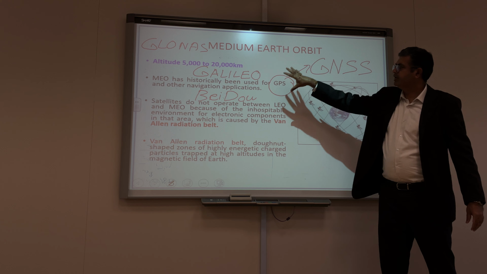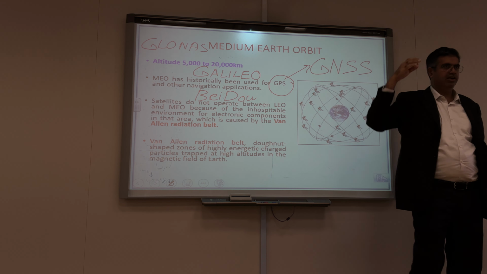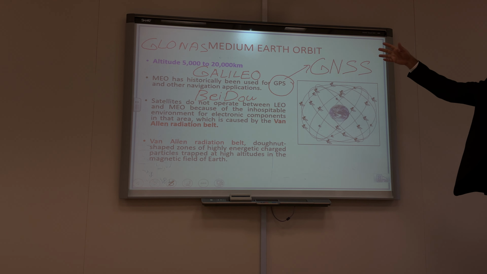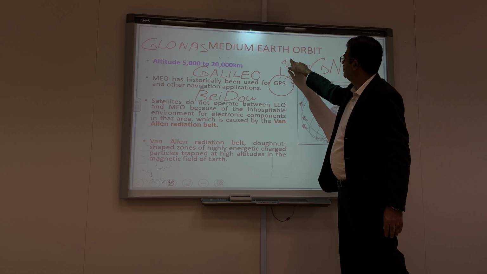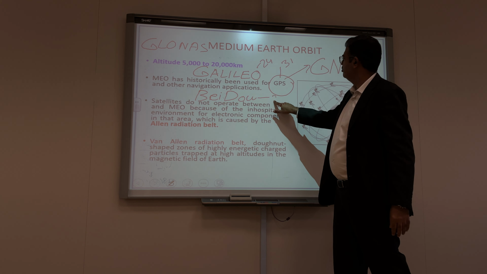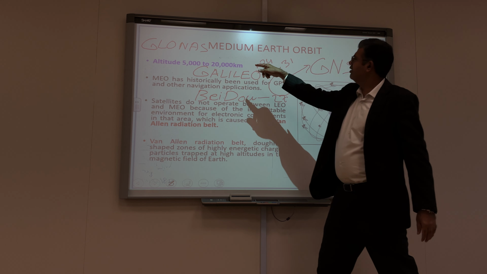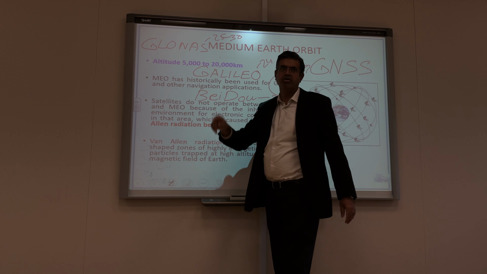Galileo, Beidou and GLONASS are also parts of GNSS. GPS has around 31 satellites, Galileo I think around 24, Beidou I think around 27, and somewhere between 25 to 30 satellites for GLONASS.